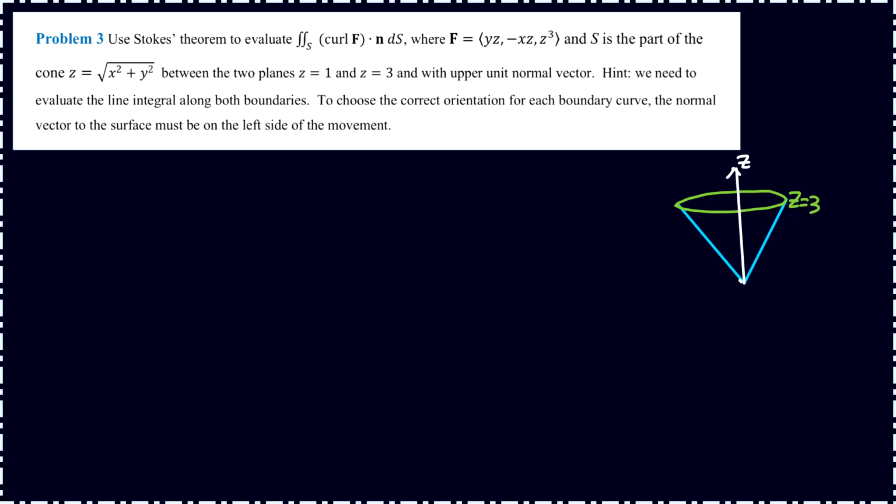And then we have another plane, z equal to 1. Let's say this is the circle of intersection when z is equal to 1. So we have two curves. Let me call that C1, and let's call this C2. And this is the surface. It's just a part of the cone between the two planes.